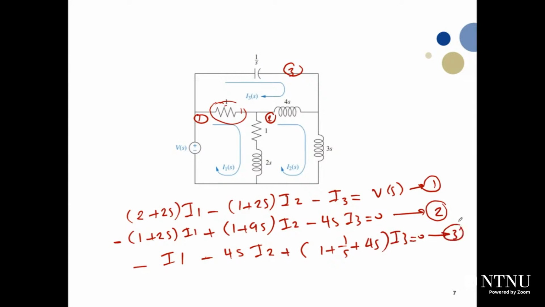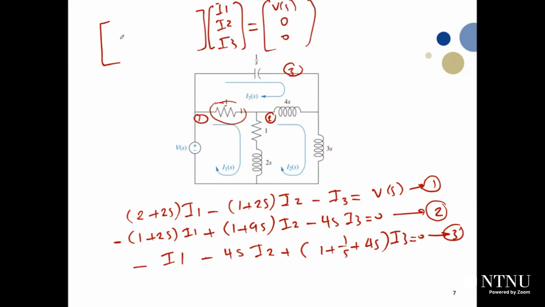After that, you will use matrix notation and write it in matrix form. In matrix notation, it will be like this: a large matrix multiplied by the unknowns I1, I2, I3 equals the output, which is V of S, 0, 0. And we will write the coefficients here.